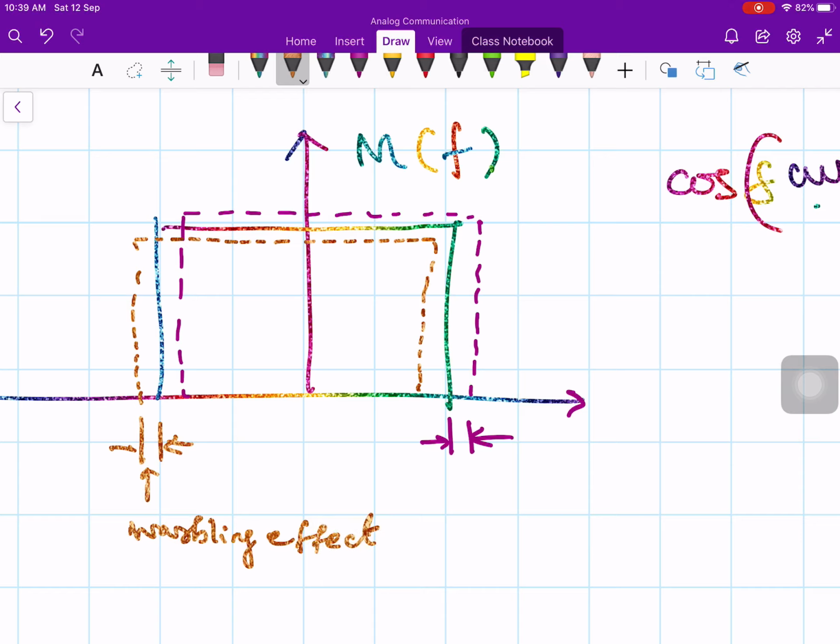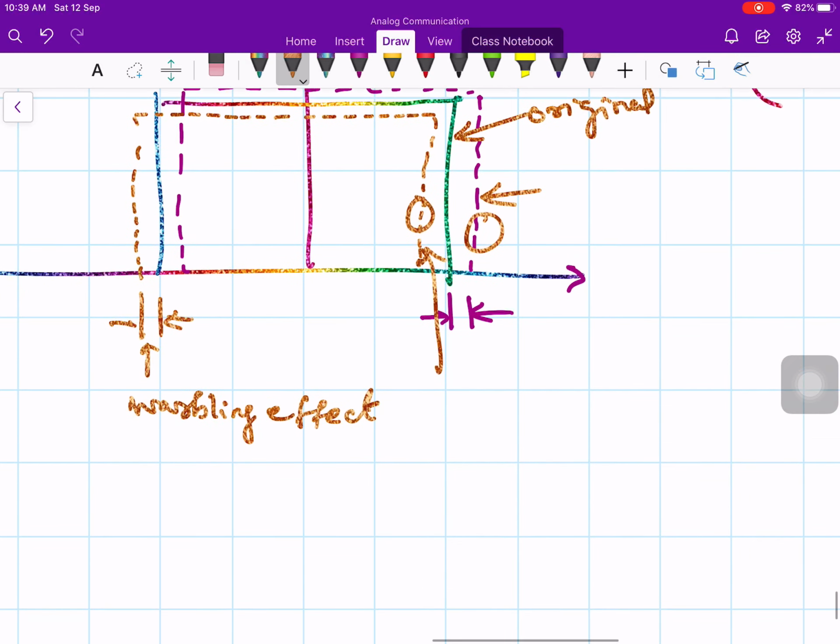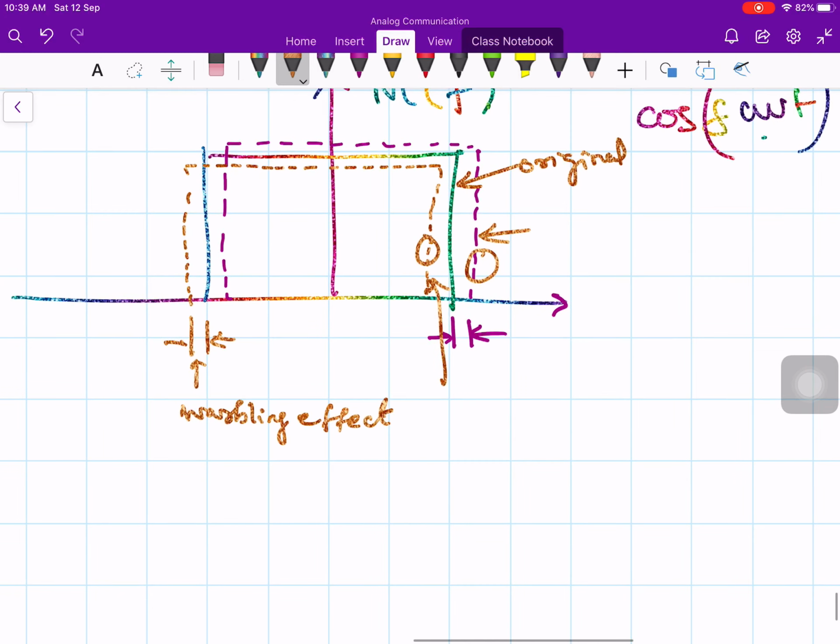So this is your original signal, and these two dotted lines indicate the warbling effect. If you sum these two spectrums, these two dotted spectrums, then let me draw here.